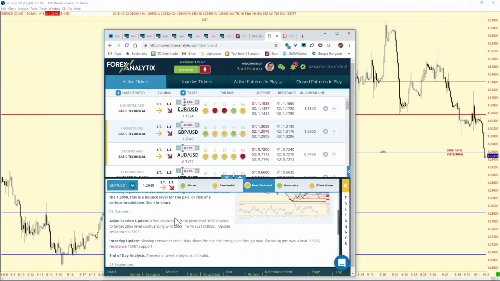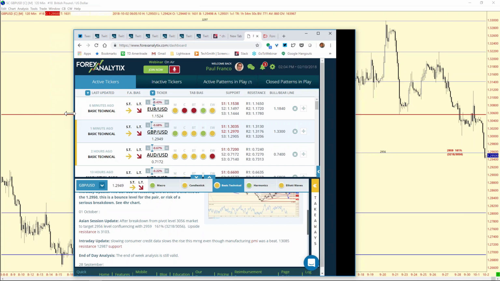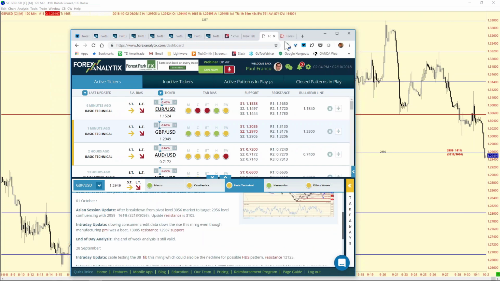After the breakdown from the pivot level of 30.56, there's 30.56, the red line, the market was to target 29.56, confluencing with the 29.59, the 161%. Upside resistance would be 31.03. Well, we did make it down to our target there. And like I said, if you're with ForexAnalytix, you have the ability to get this analysis that we update continuously. That was coming into the cable for yesterday.